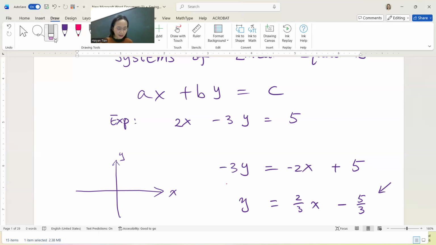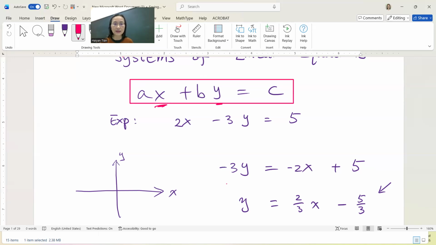But this equation has only two variables, right? This x and y are the variables in this one equation. A, B, C are given constants. If you have such an equation, we call it a linear equation.